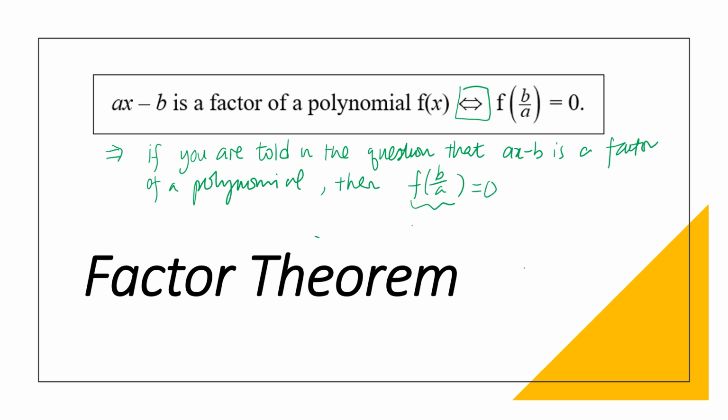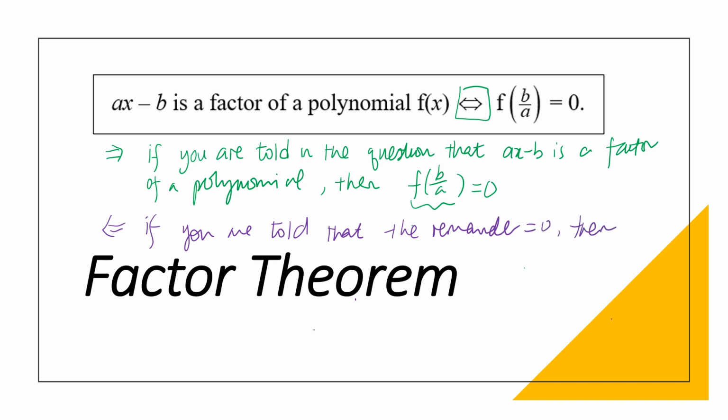The other direction can also happen. If you are told that when the polynomial is divided by a linear divisor the remainder is 0, then we can safely say that ax minus b is a factor.